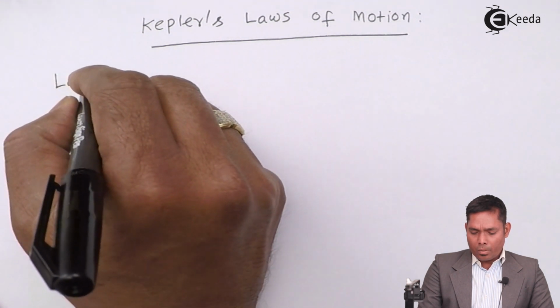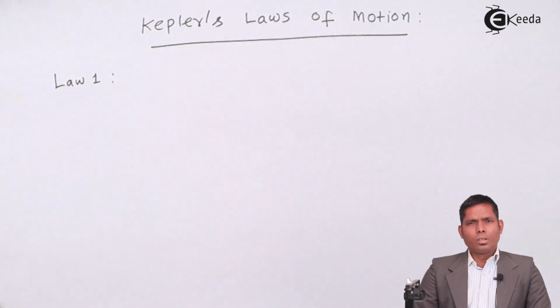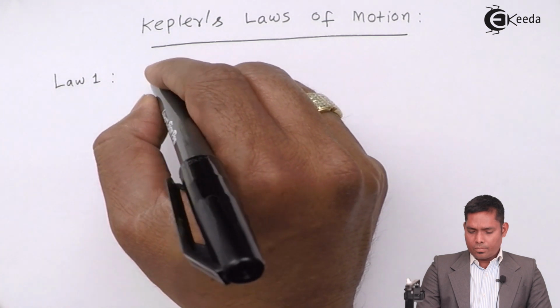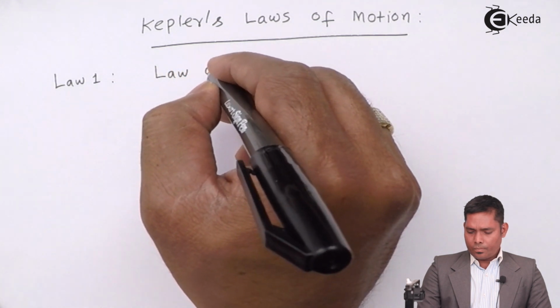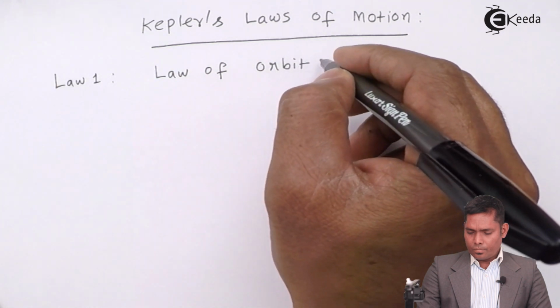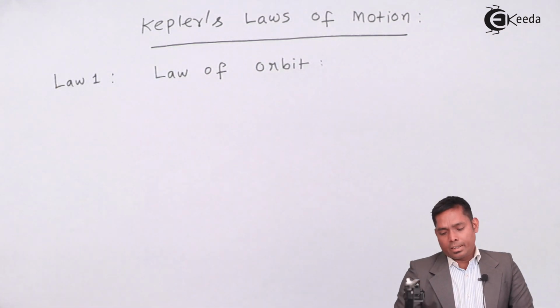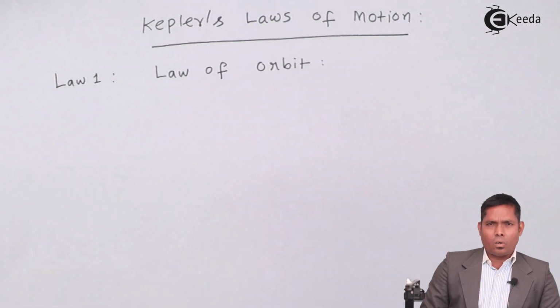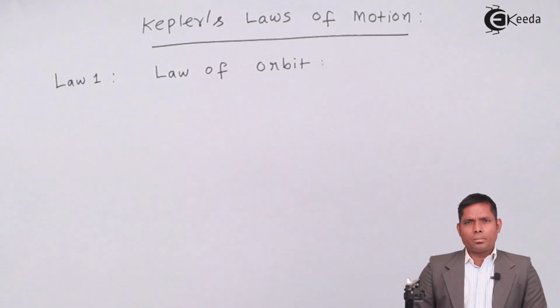Law number one. It is the law of orbit. The law of orbit says that all the planets revolve around the Sun in elliptical orbits, with the Sun being at any one of the foci.